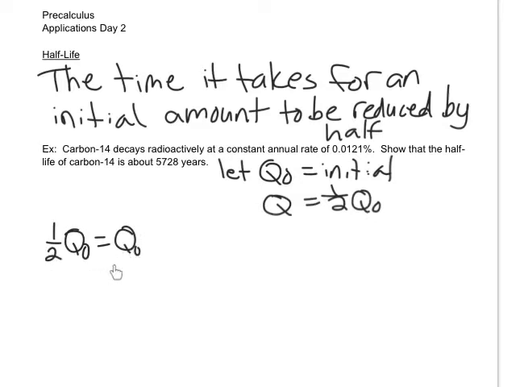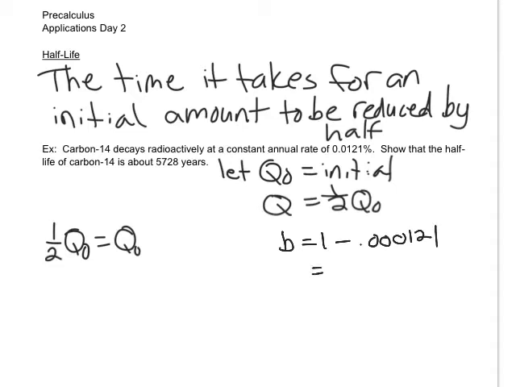So here's my quantity. Now I need the growth factor. It is decreasing at an annual rate of this number. So my growth factor, B, is going to be 1 minus 0.000121.